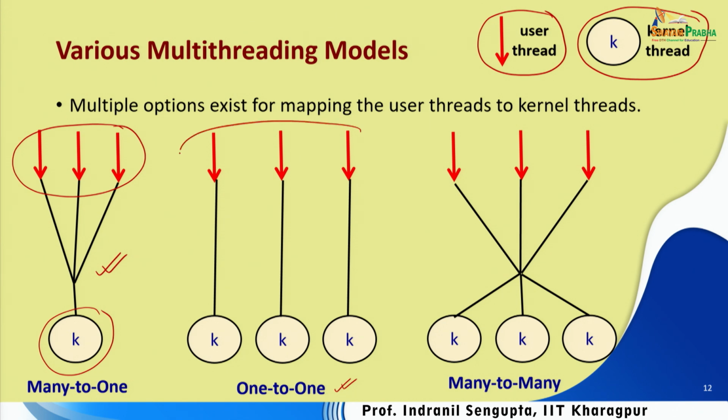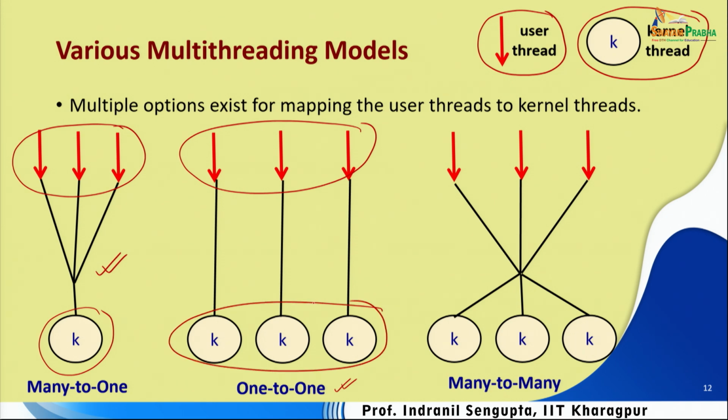So, each of these user level threads has a one to one mapping with the kernel level threads. Each kernel level thread is assigned the task of handling one user level thread, right. This is a very simple concept.